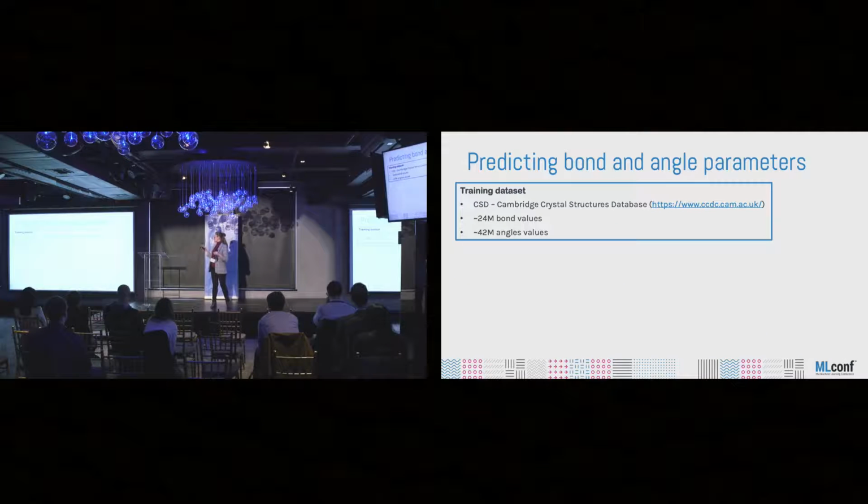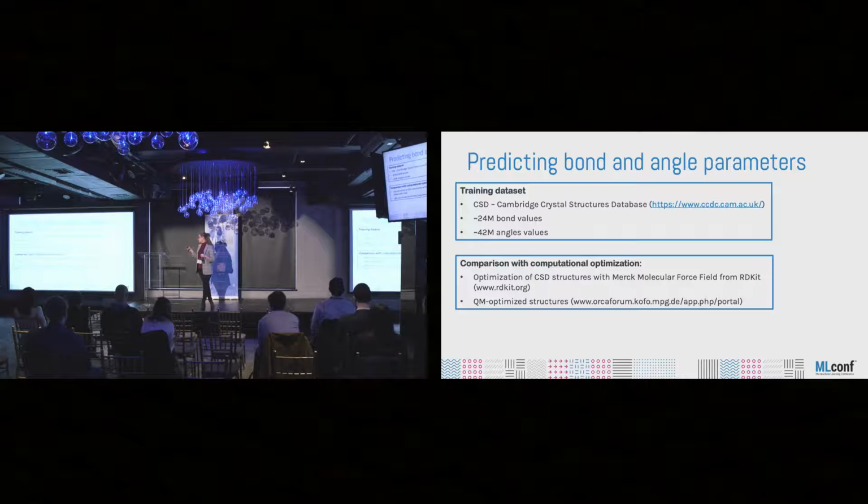We trained on crystal structures from the Cambridge Structural Database, around 24 million bond values and angle values, and we tested the results against the currently existing molecular modeling packages.